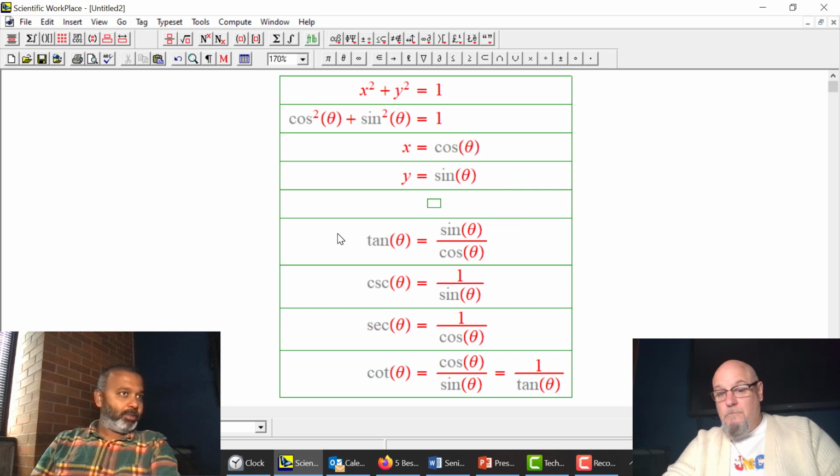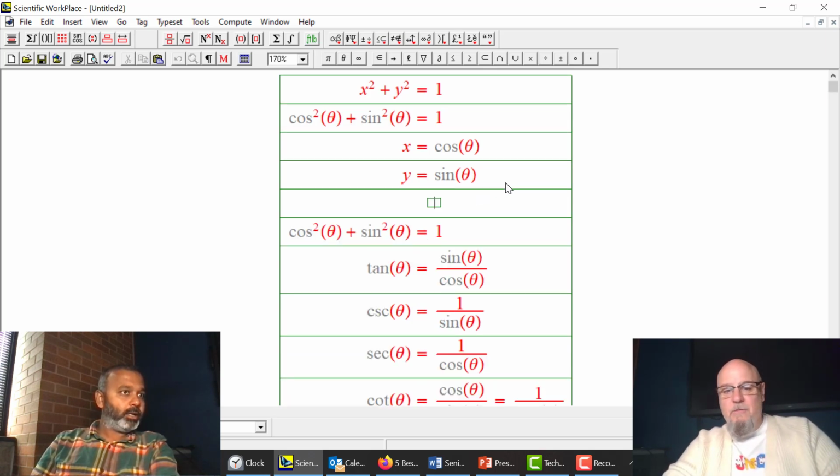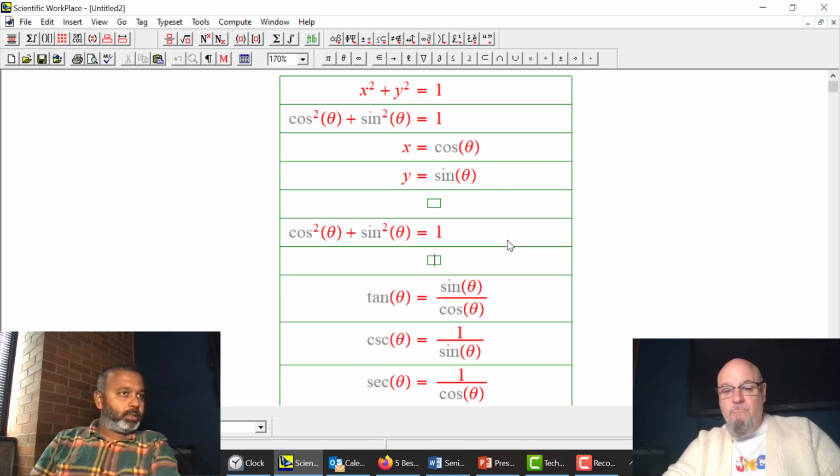Let's start with cosine squared theta plus sine squared theta equals 1.